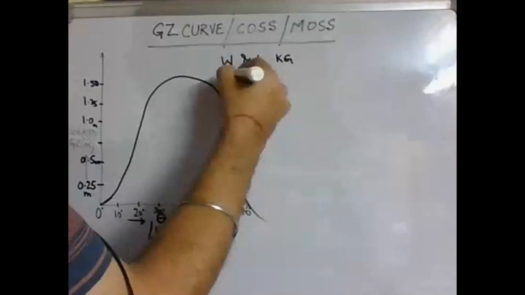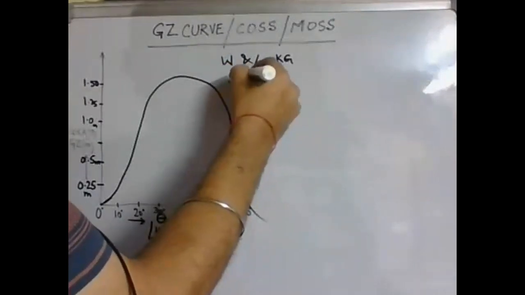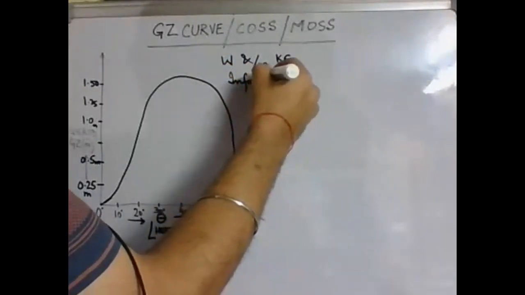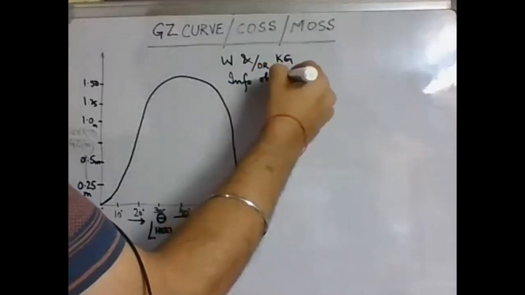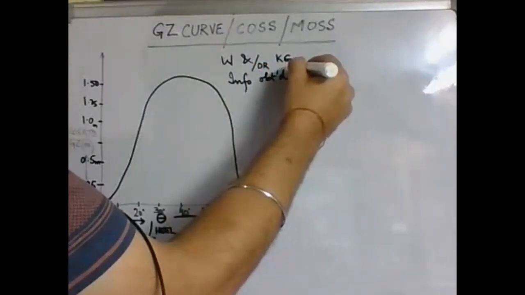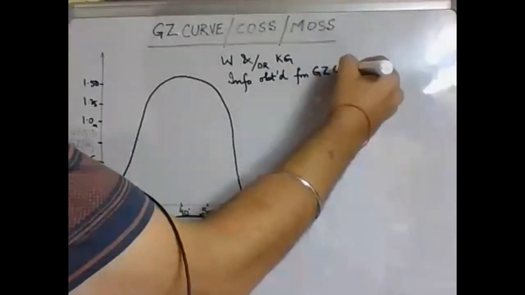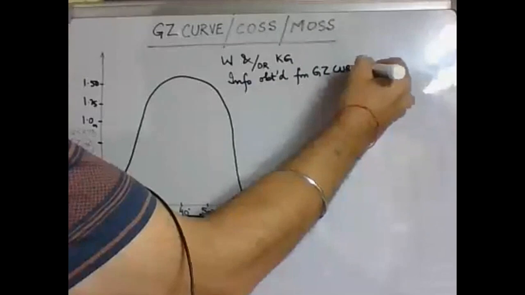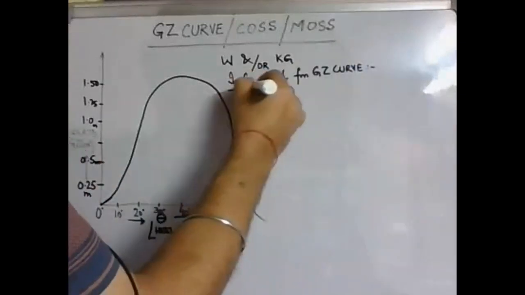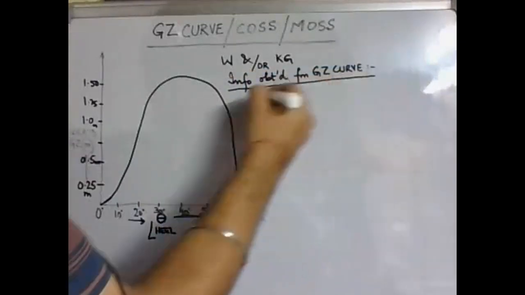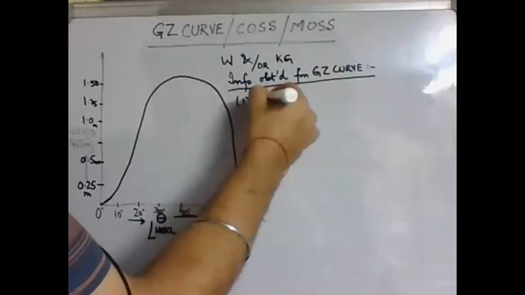Okay. Information obtained from the GZ curve. What information do we obtain from the GZ curve?